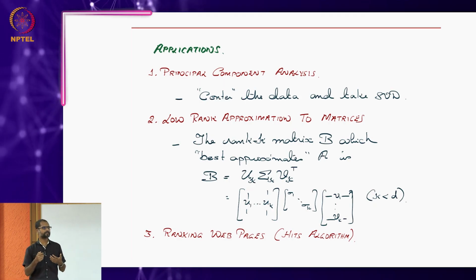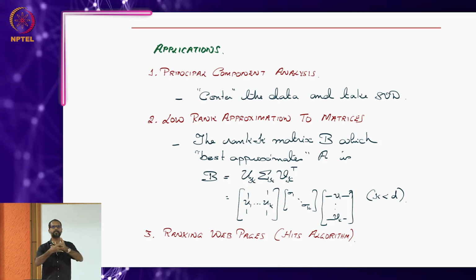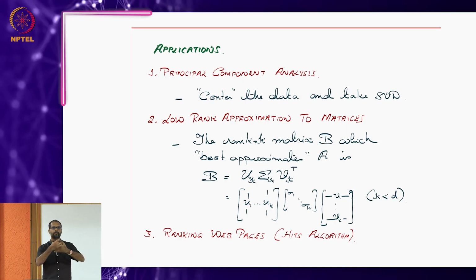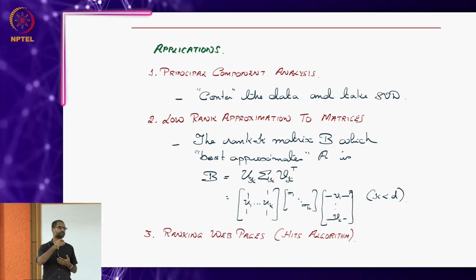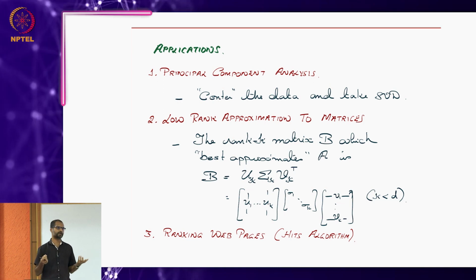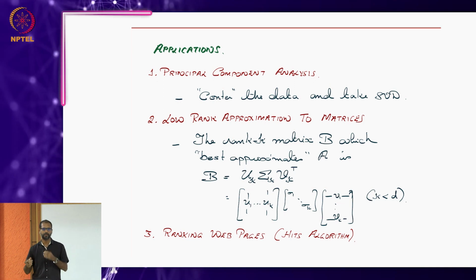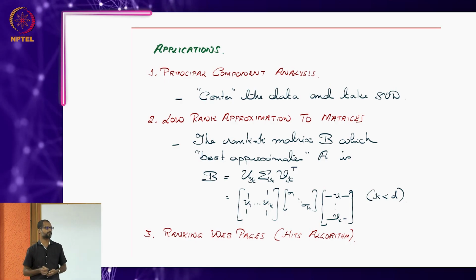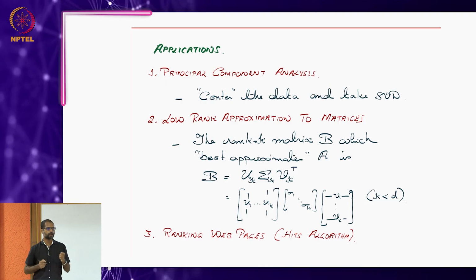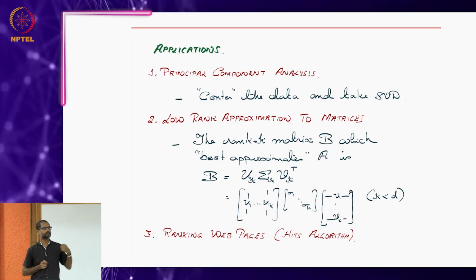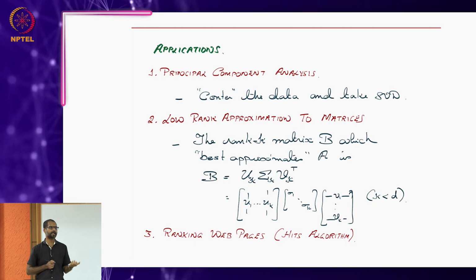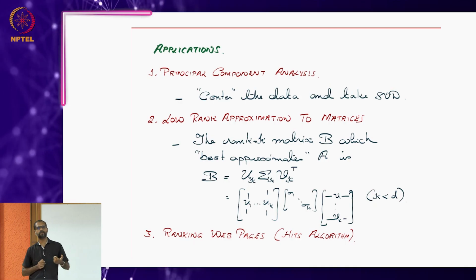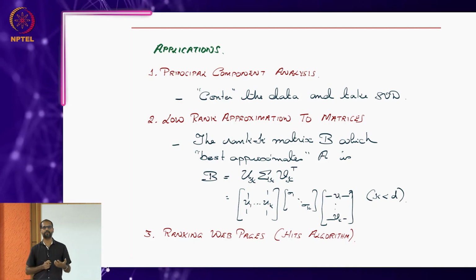Again, best approximation is quantified very easily. You take the term by term difference, component by component difference between all the entries, square it up and add. That is the error count. If you take the square root of it, it's called the Frobenius norm, but it's just the sum of squared differences. A is your given matrix. You want to find a matrix B which is of small rank, rank 10, which as closely as possible approximates A.